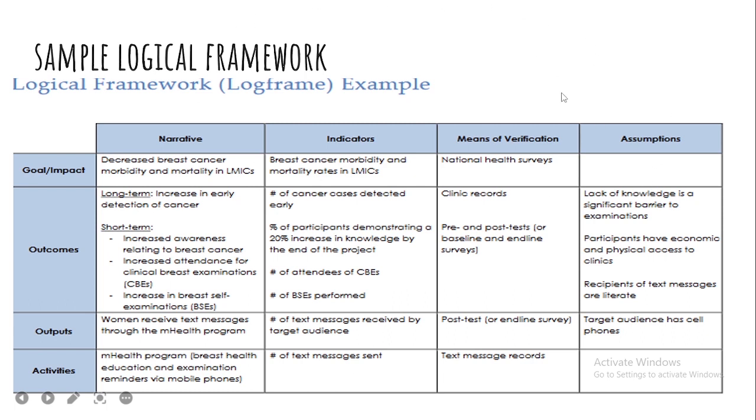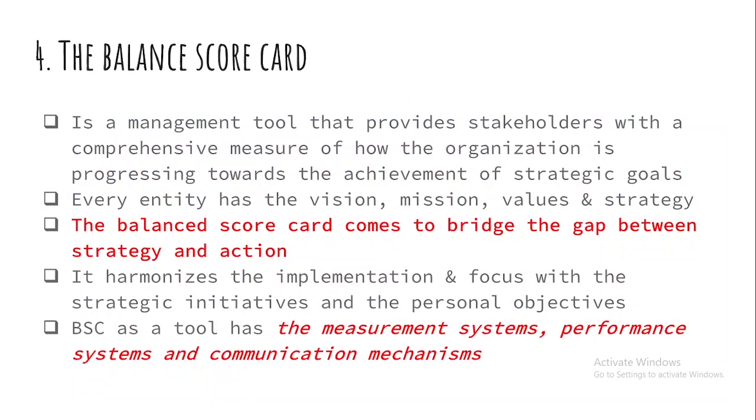It's actually summarizing your whole project and how you'll be able to verify or monitor that you're actually achieving the outcomes intended in the project. So tool number 4, so that's about the planning tools used in monitoring and evaluating projects or development interventions.